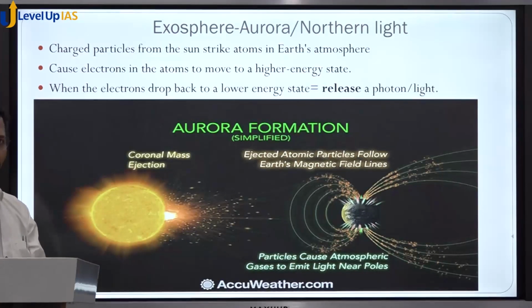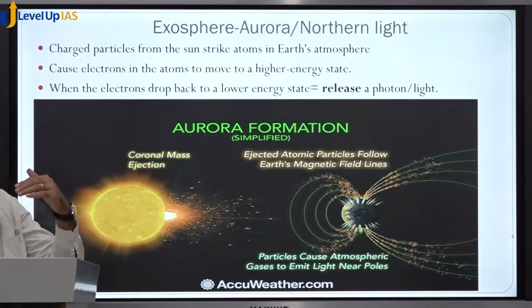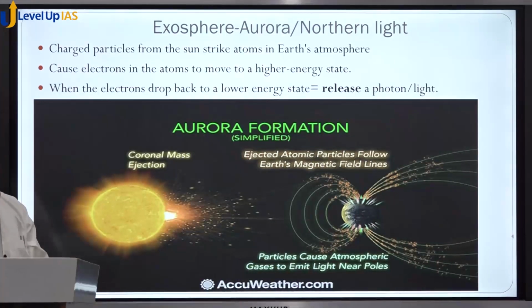When they gain the energy, electrons in the shells of these atoms jump from the lower orbit to the higher orbits. Okay. After some time they lose the energy and again come from the higher orbit back to their original orbit.